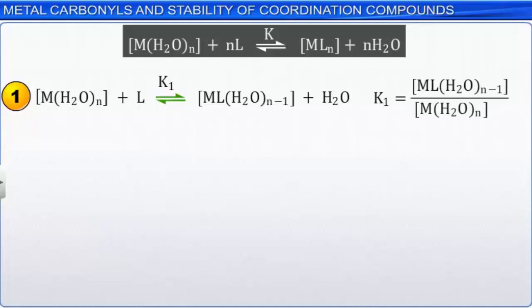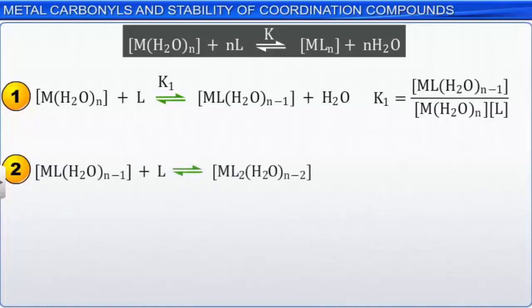Stability constant K2 for this step is equal to the concentration of ML2(H2O)n-2 divided by the concentration of ML(H2O)n-1 multiplied by the concentration of L.